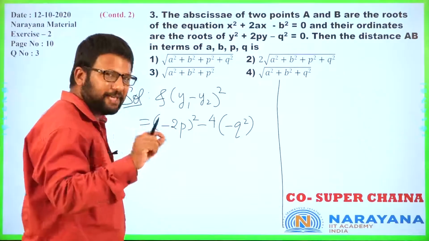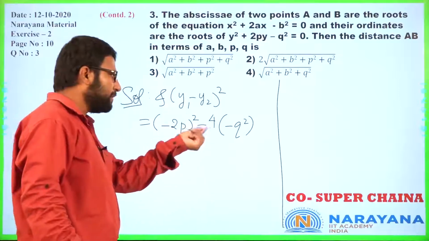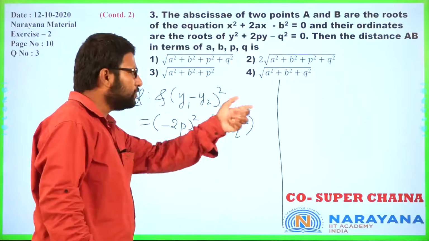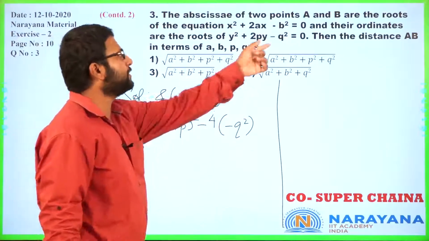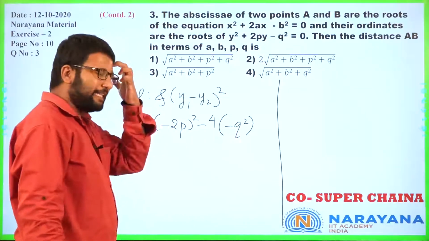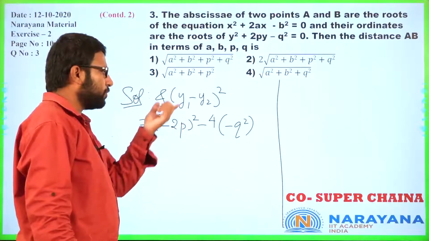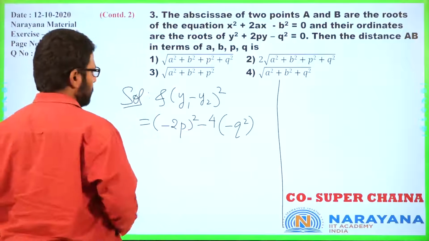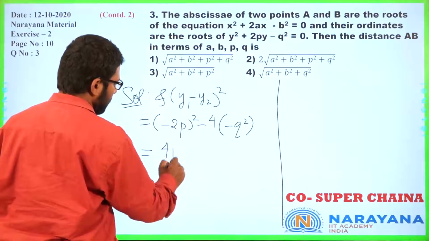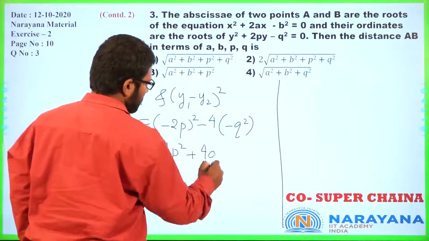Pardon me, I think I said something wrong. Sum of the roots the whole square minus 4 times product of the roots. There is no square here, okay? In this particular case, product of the roots is q square, that's why we are writing q square. But otherwise, it is just sum of the roots square minus 4 times product of the roots. That's it. Okay. So this will turn out to be 4p square plus 4q square.